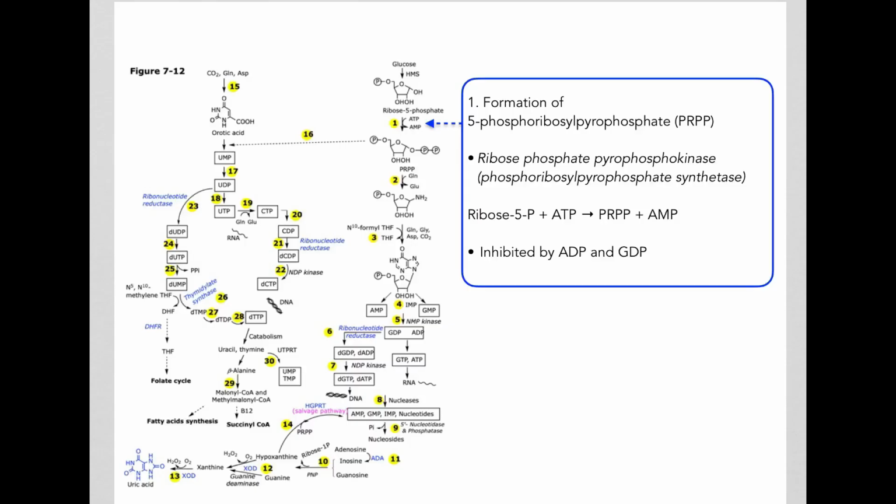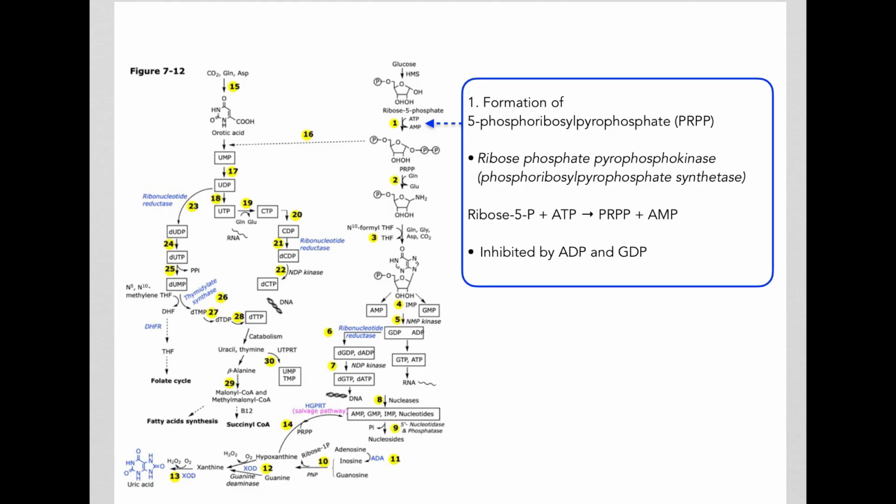In the first reaction, we see the formation of a reactive ribose sugar. This is called 5-phosphoribosyl pyrophosphate, or PRPP. In this reaction, ribose 5-phosphate reacts with ATP to form PRPP and AMP, and this reaction is catalyzed by the enzyme ribose phosphate pyrophosphokinase, also called phosphoribosyl pyrophosphate synthetase.